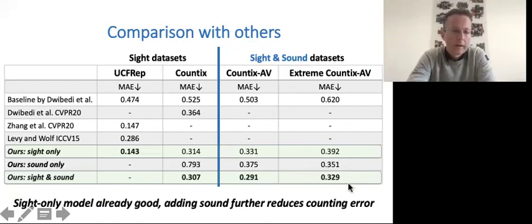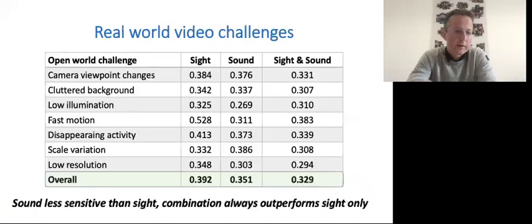So let's dive a little bit deeper in this Extreme Countix AV dataset, because we also separated this dataset according to several real-world challenges. So, for example, we identify those videos that have a huge camera viewpoint change, or a very cluttered background, low illumination, fast motion, disappearing activity, scale variation, low resolution, and so on.